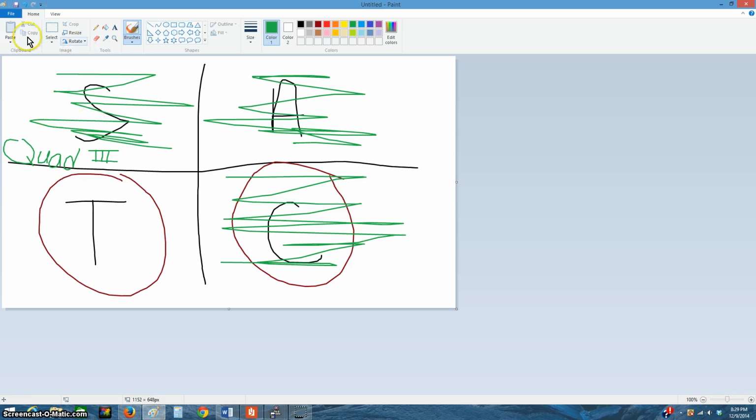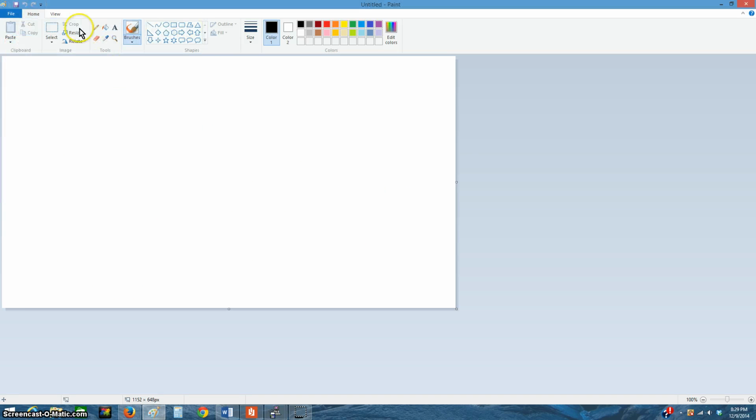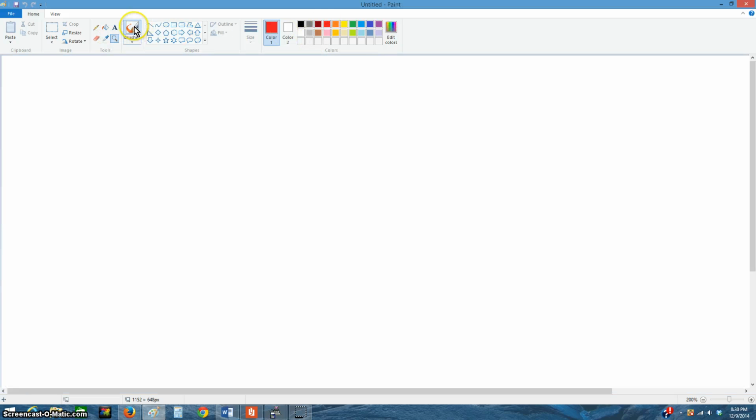So let me write down the question right quick. Let me zoom in. Cosine of 315 degrees. Okay, so remember, cosine on the unit circle represents the x-coordinate, and we're going to see if 315 is a nice angle.